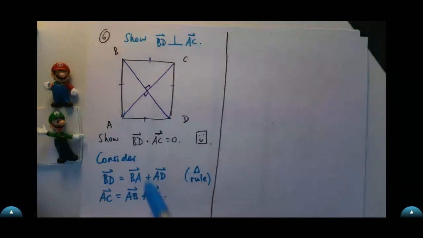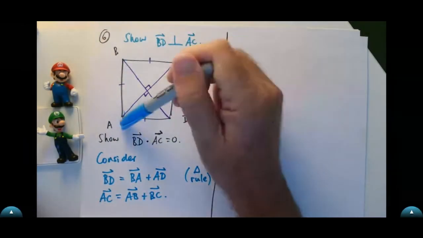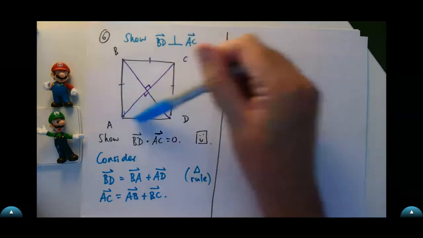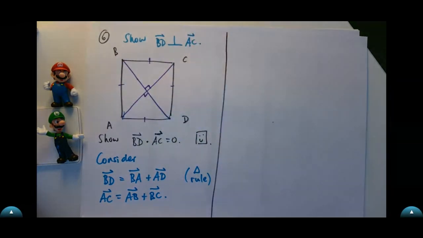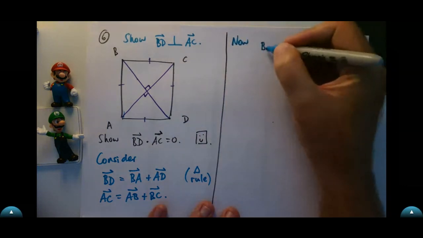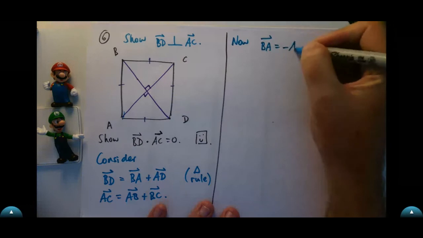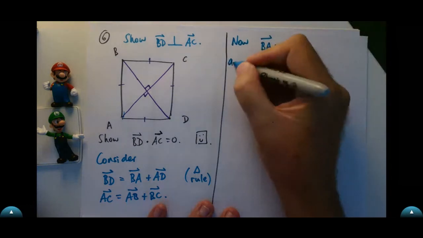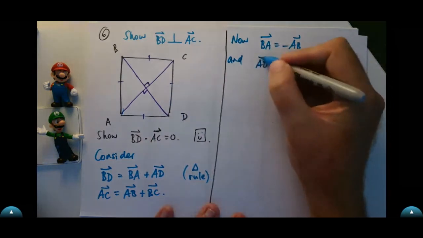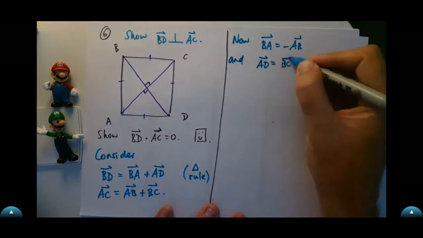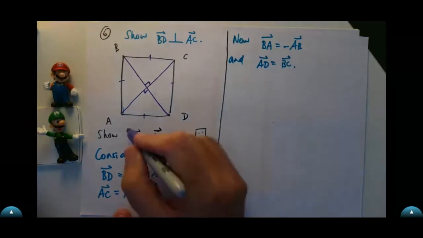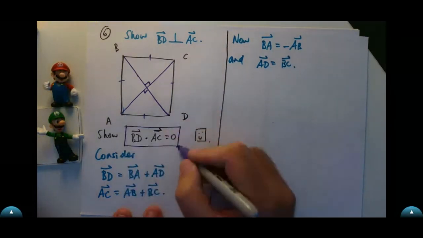And AD and BC, they're equal vectors. Even though they're in different spots, they point in the same direction and they have the same length. So this works because it's a square. Okay? So now let's go back to here.